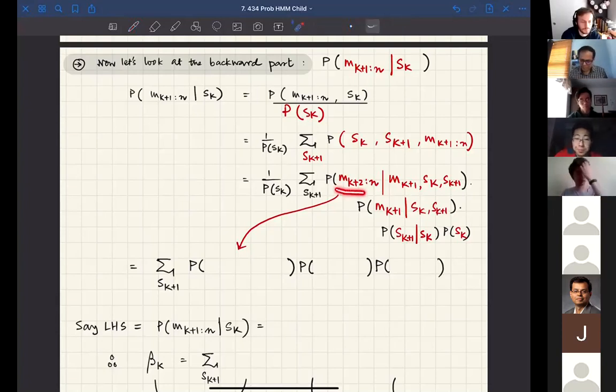The grades that you measure for this candidate from the k plus 2th grade to n depends on which one? Sk plus 1, right? That's the only thing that it depends on, because sk plus 1 captures mk plus 1 and sk.